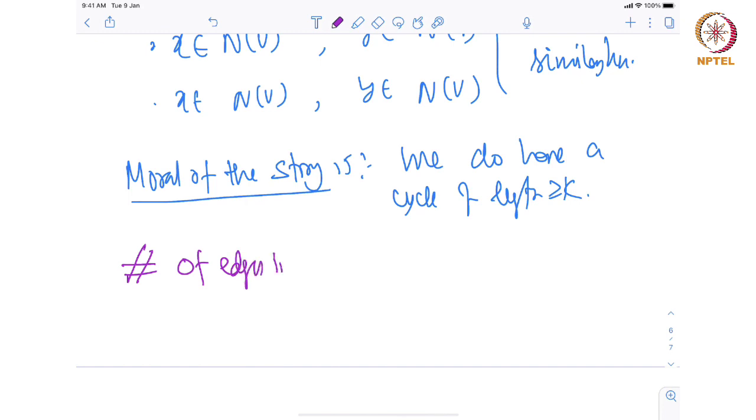Number of edges in G decreased. Okay. So, it is like a one-way function. Okay.